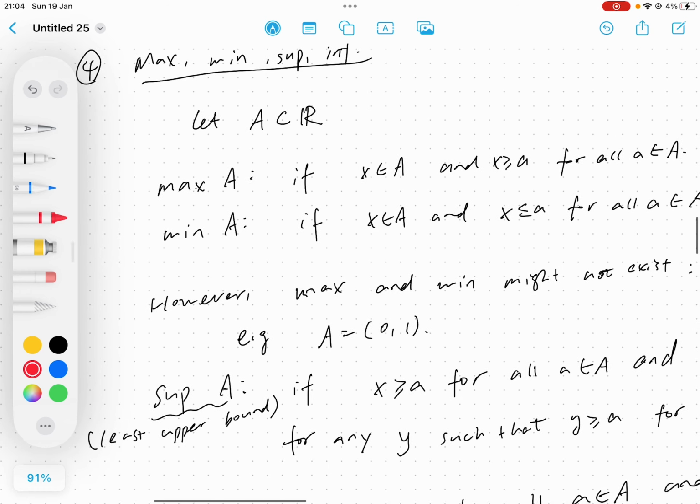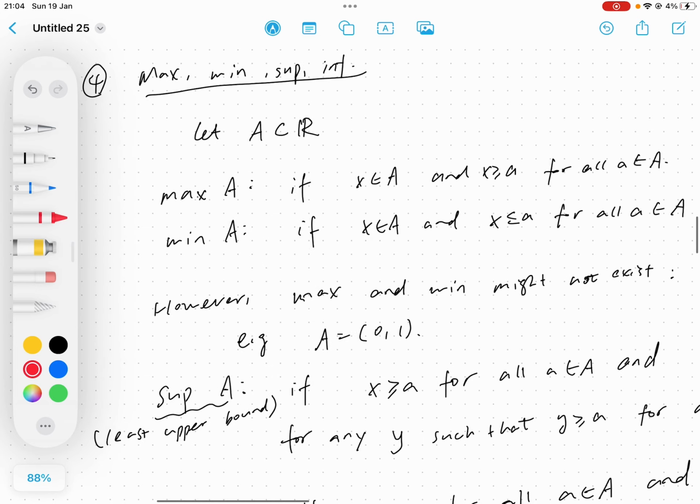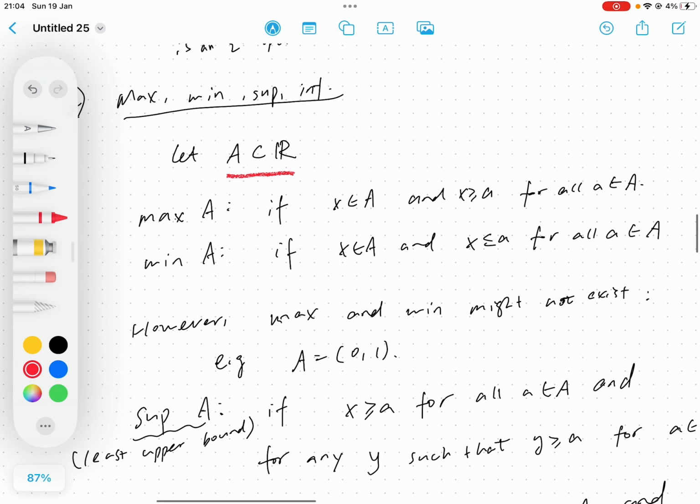Okay, so for some set A as a subset of the real numbers, we say x is the maximum of the set A if x is just the greatest value in this set A. But something important to notice is that this element x has to be within the set A. Sometimes, as we will shortly see, we might not have a maximum or a minimum.